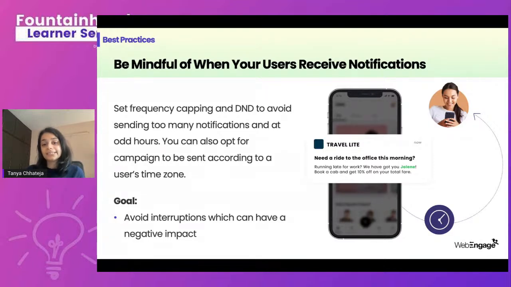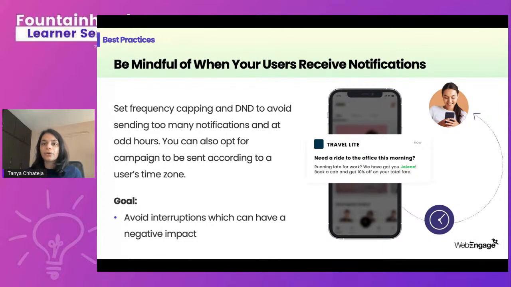You would also want to set up DND at this point to avoid sending untimely communications. What you can also do is when you're selecting when to send, you have an option to choose from the time zone that you are operating in versus the user's time zone. So I highly recommend you also go ahead and do that.